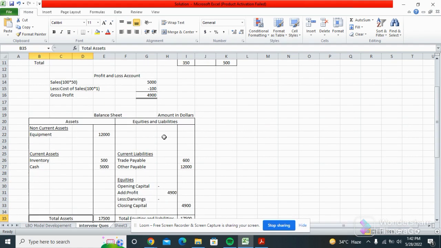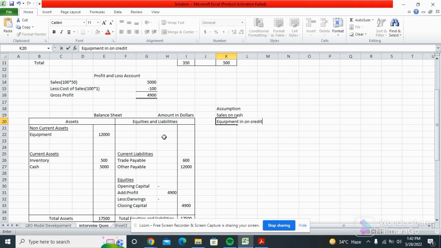After this, we also have some cash of $5,000, as I have assumed that the sales have been made as cash sales. Basically, I want to write some assumptions here. I have assumed that sales are on cash, and the second thing is that the equipment we have purchased is on credit.